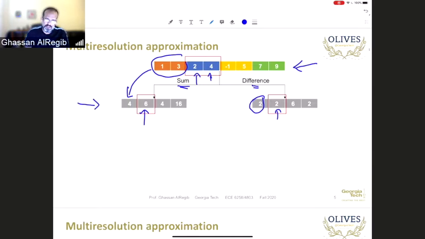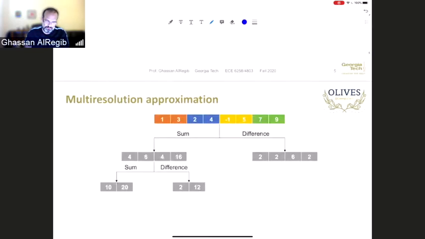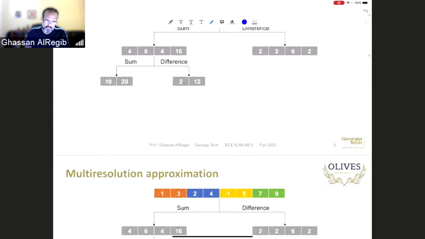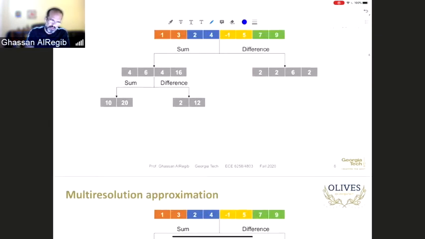Each one of them is of length 4. The first one is the sum approximation, and the second one is the difference approximation. If I keep doing the same operation at every level, I go to the next level and look at the sum that resulted from the first level of decomposition, and I do the same operation.